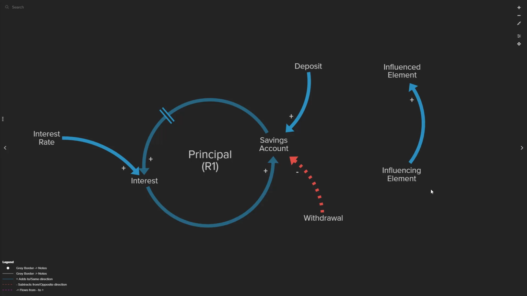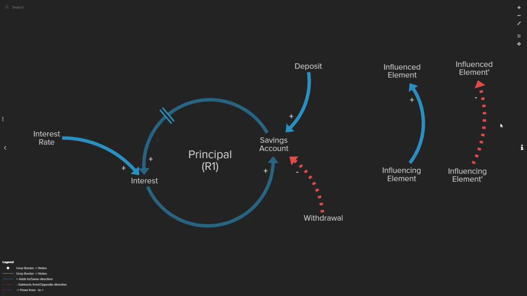So in this video, what I tried to talk about was the nature of an influencing element and the influenced element, when that relationship can have two different meanings depending upon the character of the influenced element. If it's a stock, the plus sign means it adds to, and if it's not a stock, if it's a variable, then it means that the influenced element changes in the same direction as the influencing element.